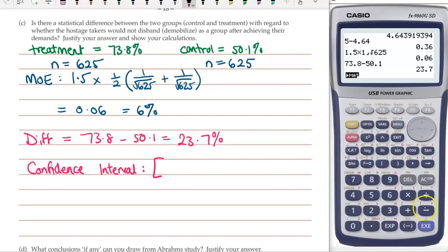So if we take off the 6%, we've got 17.7%, up to adding on the 6% would take us to 29.7%. So even at the lowest end of our confidence interval, we've still got a difference of 17.7%. So it is that we can make the claim that there is a difference there between what the control and treatment group thought.